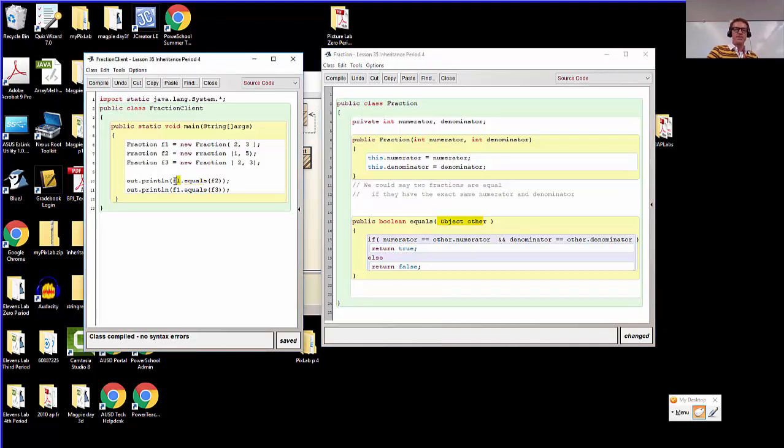Now f1 is the fraction object that gets us into the class. So in this crazy if statement here, again, our first time seeing something like this, isn't it? In this crazy if statement, the numerator refers to f1, and the other dot numerator refers to f2. You got to get that part first. f2 is Object other. Very abstract, isn't it? Very abstract.